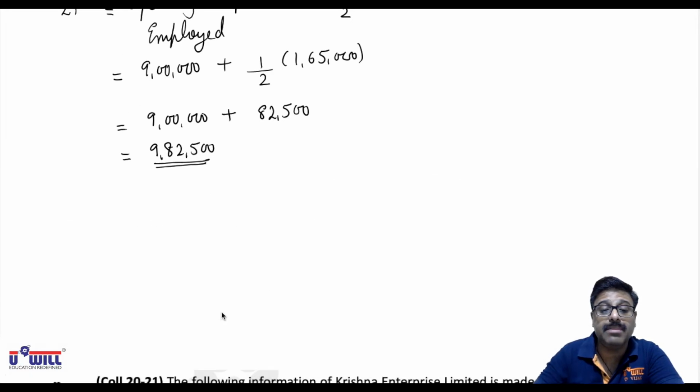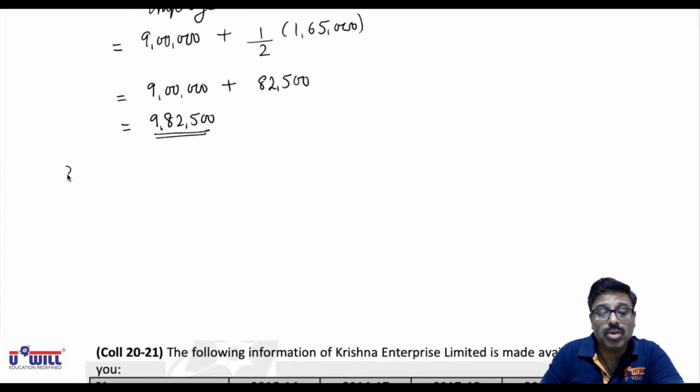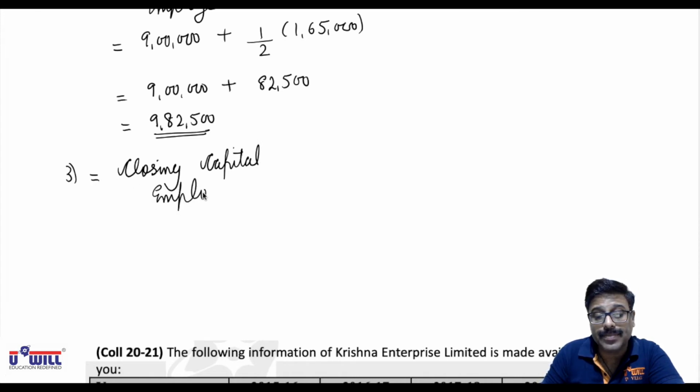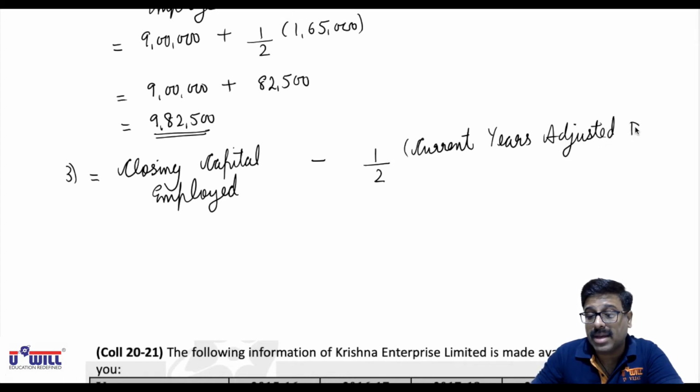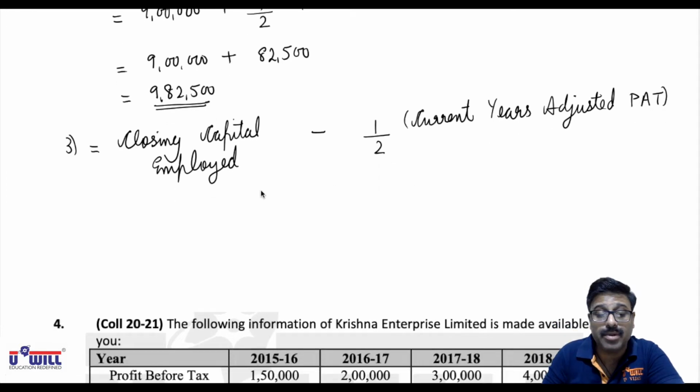Now the third method we apply is closing capital employed minus half of current year's adjusted profit after tax.